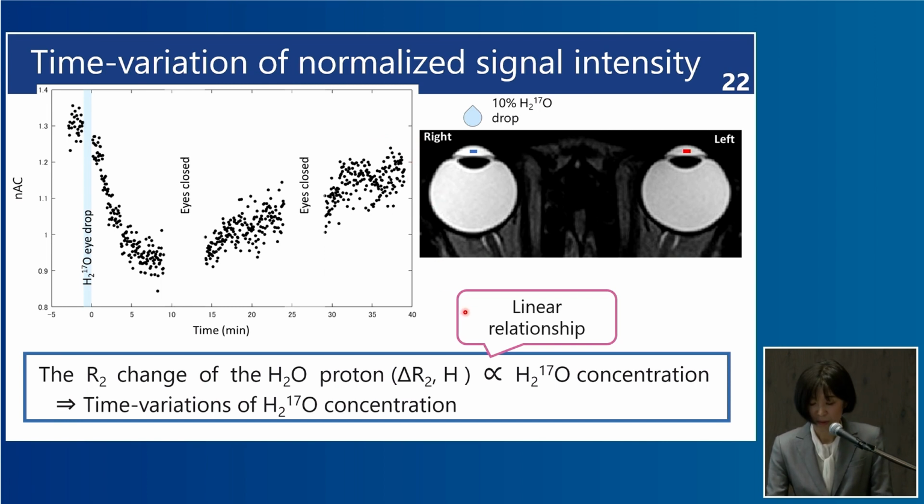There was a linear relationship between the R2 change of the water protons and O17 water concentration. The time variations of O17 water concentration were calculated.